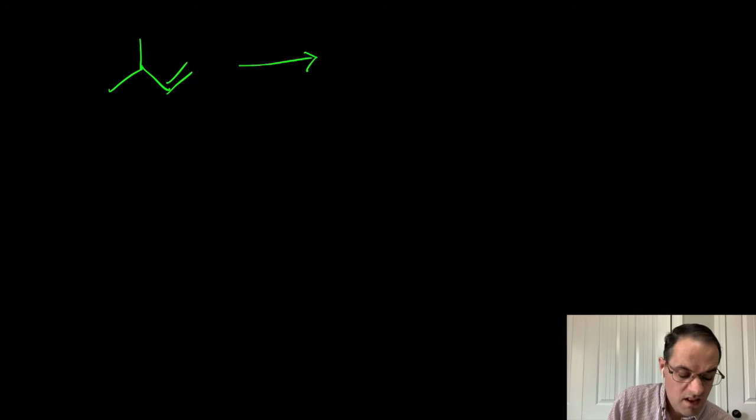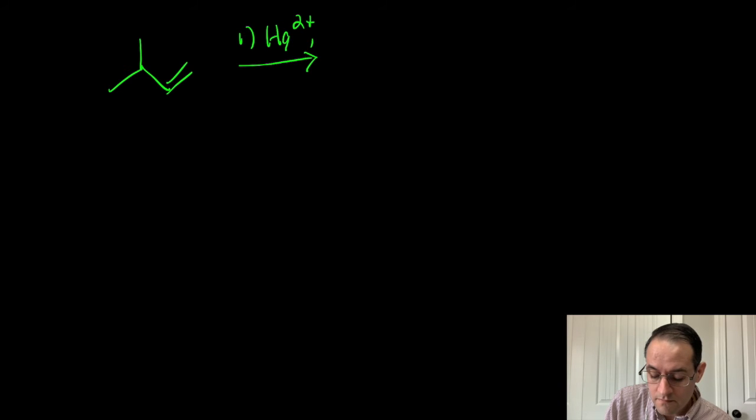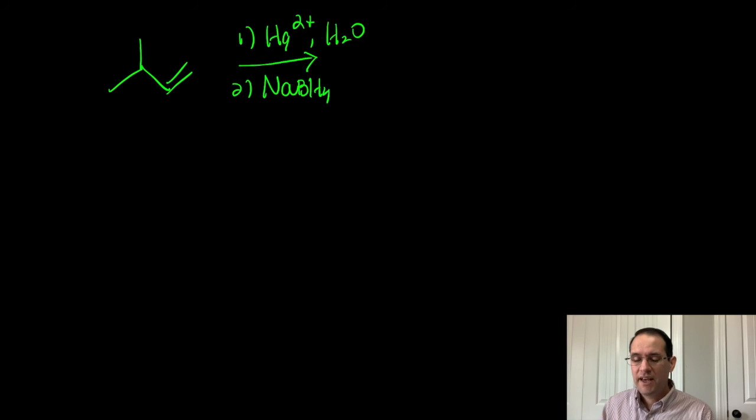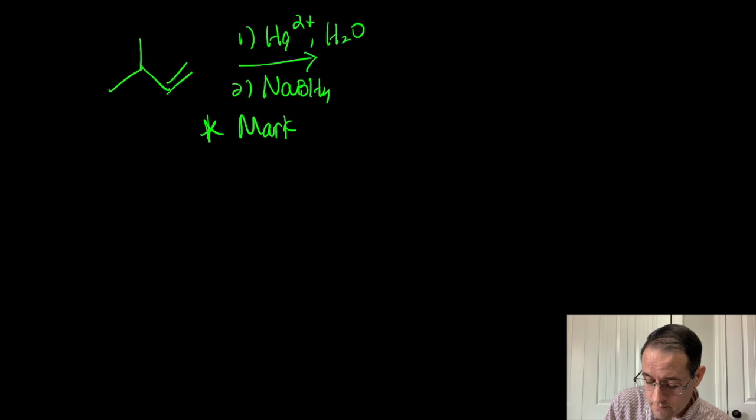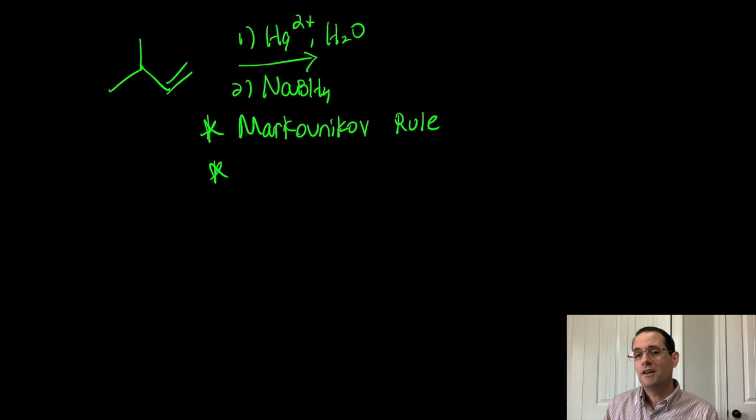Now, another way that we can do these reactions is with the oxymercuration demercuration procedure. It's a very complex series of reactions, so we normally don't require students to memorize this, but you do need to memorize Markovnikov's rule, and you need to remember that this reaction avoids rearrangement.